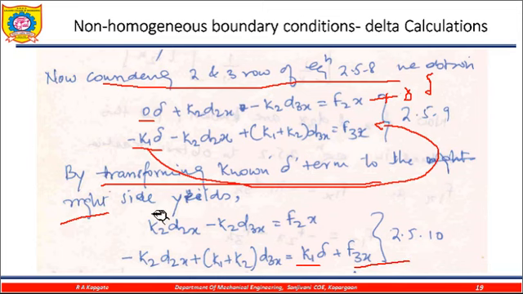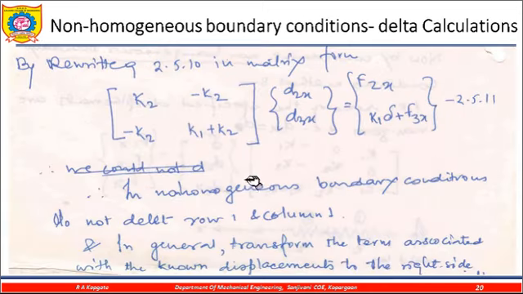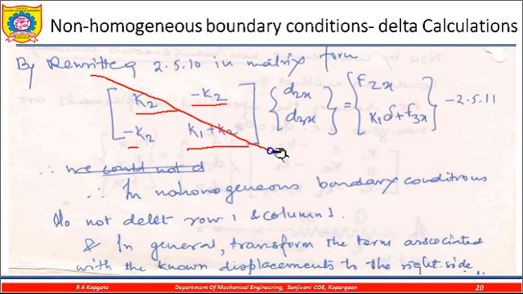If I write this term, that is k2, then k2, k1, k2, 2 and 3, this term comes here. So the matrix form looks like this: k2, minus k2, minus k2, k1, again check, these both terms are plus, this d2, this d3, so this is f3, and this is k1 minus delta f3. So this is the non-homogeneous boundary condition.